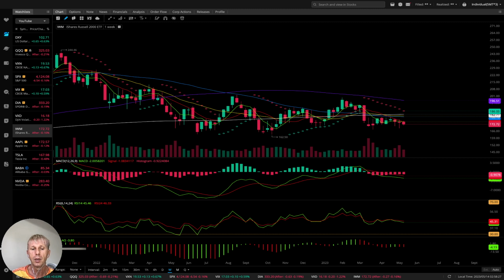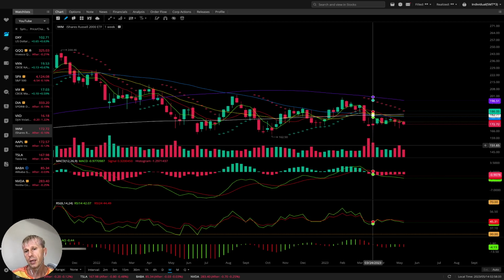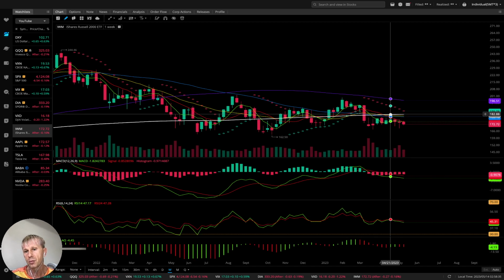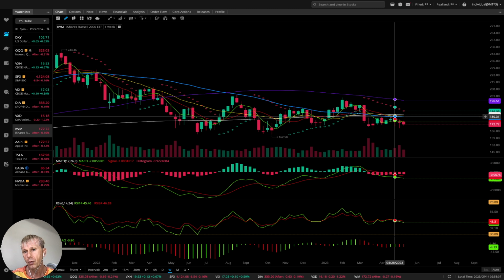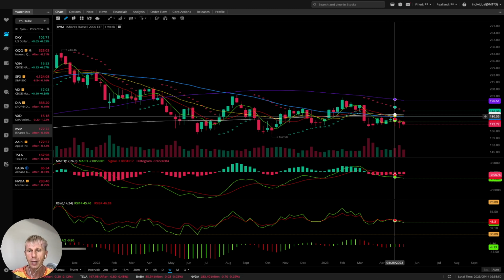I'm sorry, let's go back to weekly. It is bearish signal and also territory is bearish. Look at it. MA5, 10, all moving averages except 100 are below 200, below the white line. Below the white line now: yellow line, blue line, 10, red and green. It is bearish territory. Very bearish territory.